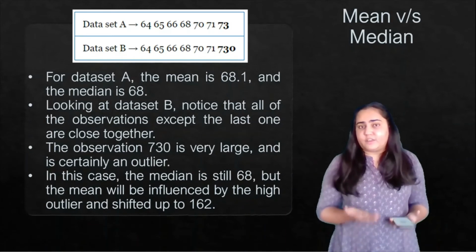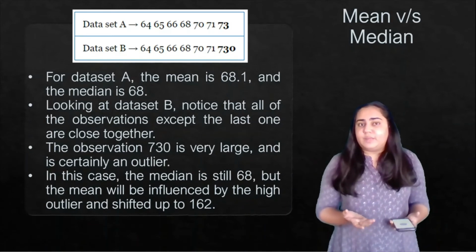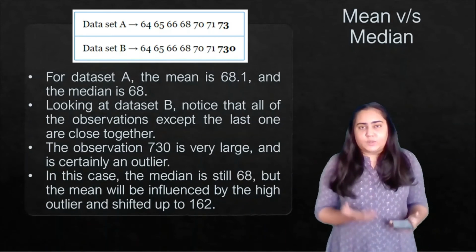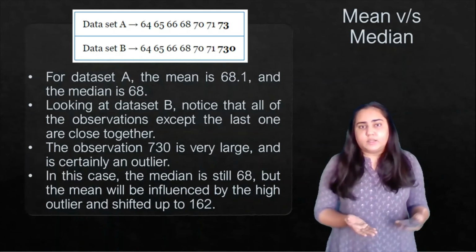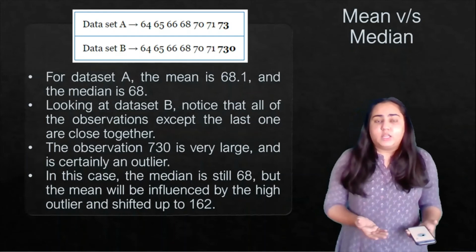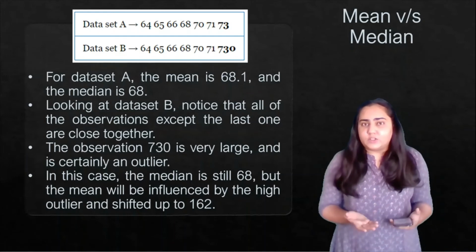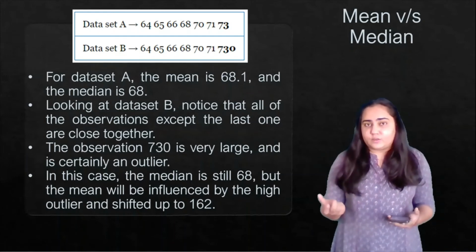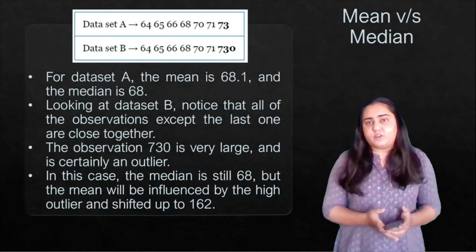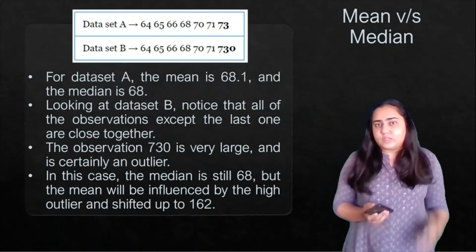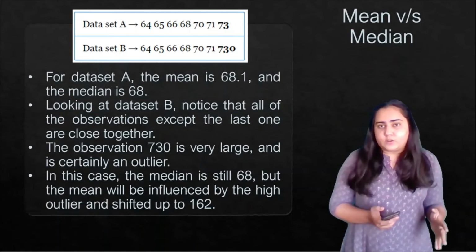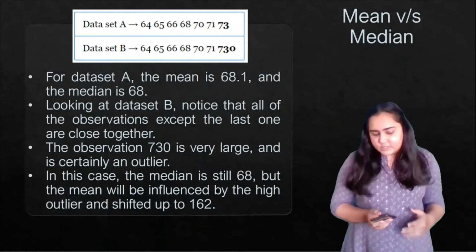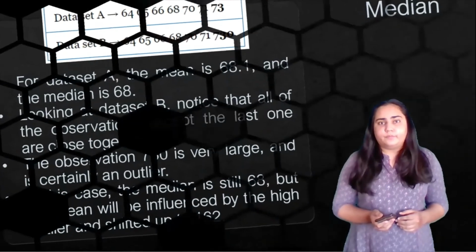But the mean is definitely going to change. The mean for data set A was 68.1, but the mean for data set B is 162, and it shot up because of this extra value which is really large, 730. So you see, mean gets very much affected by outliers, but median does not.